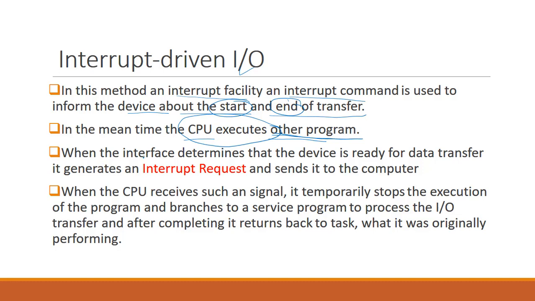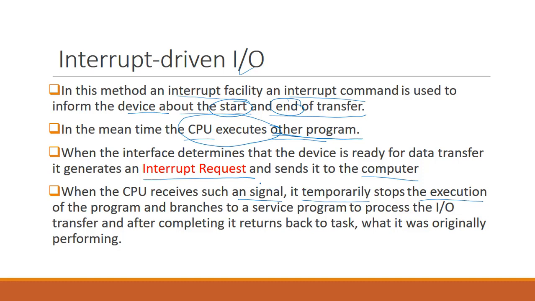When the interface determines that the device is ready for data transfer, it generates an interrupt request. That means it is ready for data transfer and sends it to the CPU or the computer. When the CPU receives the signal, it temporarily stops the execution.